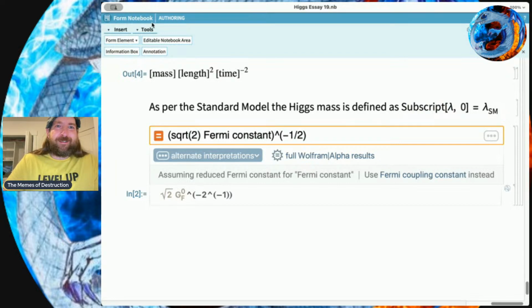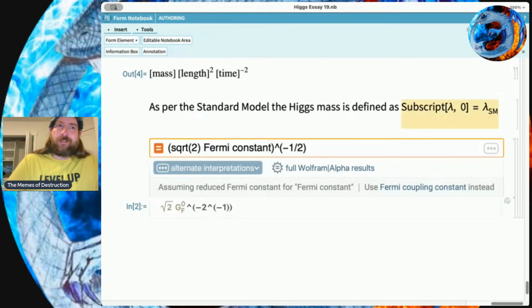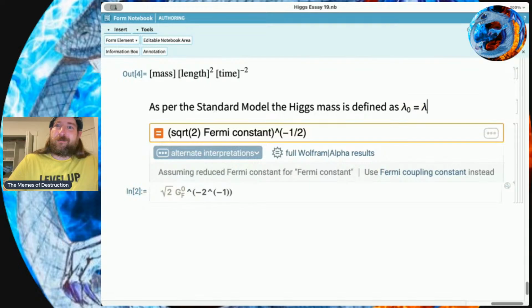Typesetting. Why is this all, why would this all be a thing?